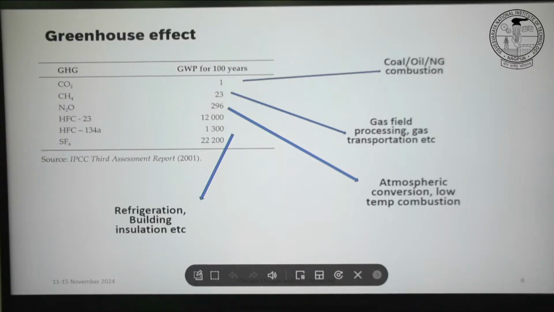But fortunately, the amount of CO2 released is much higher than the amount of CH4 released. Normally we don't intentionally release CH4, but whenever you do natural gas exploration, there is a lot of leakage. CH4 is due to leakage.